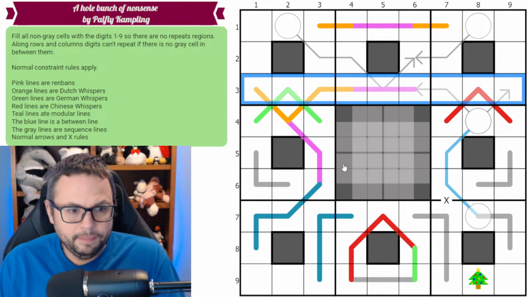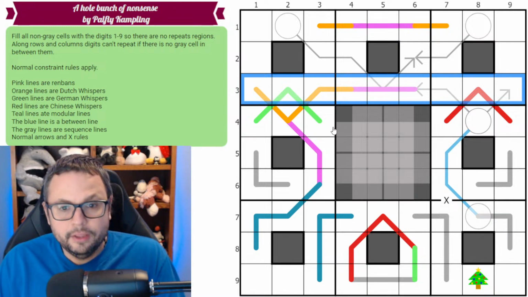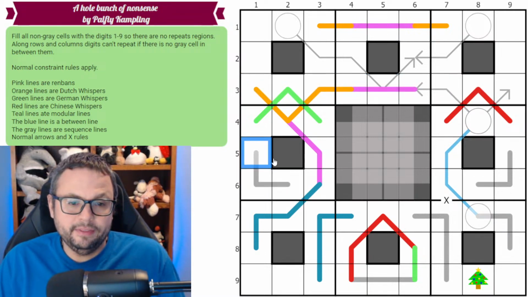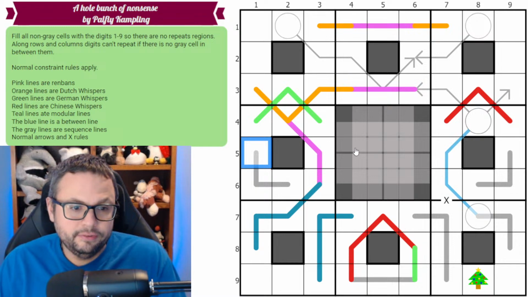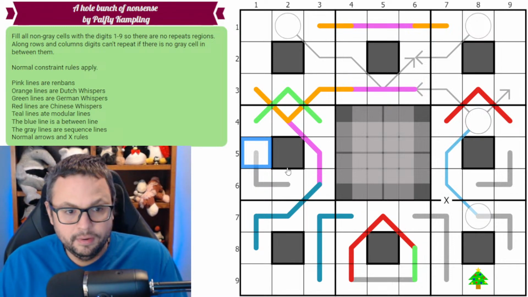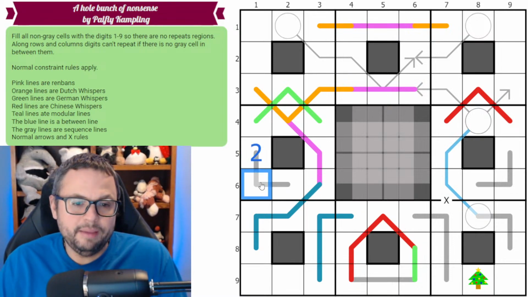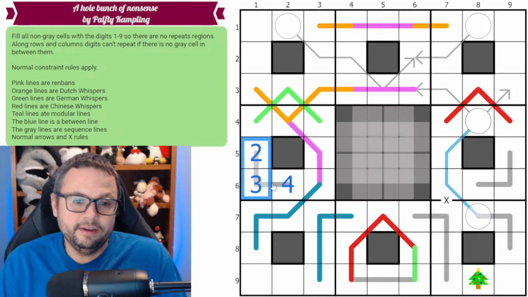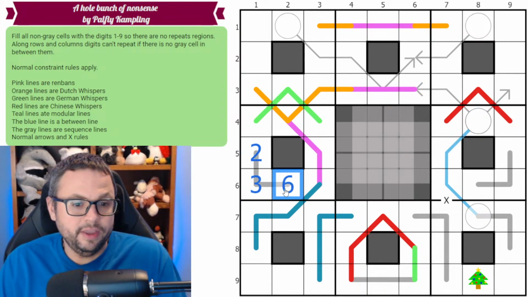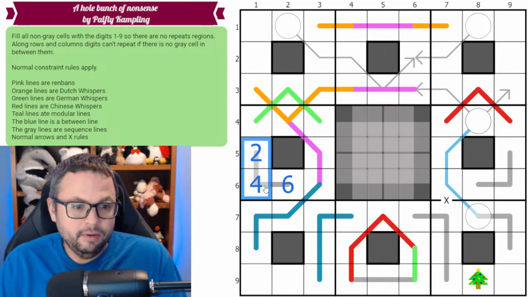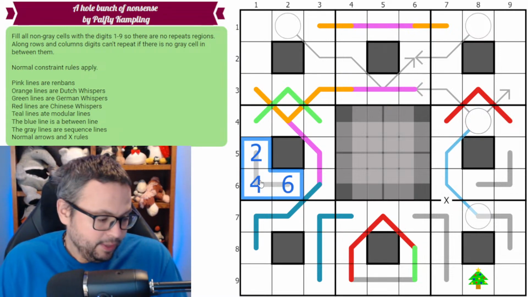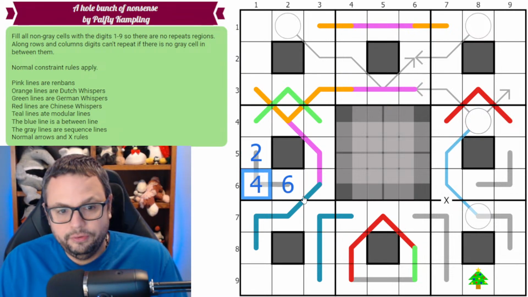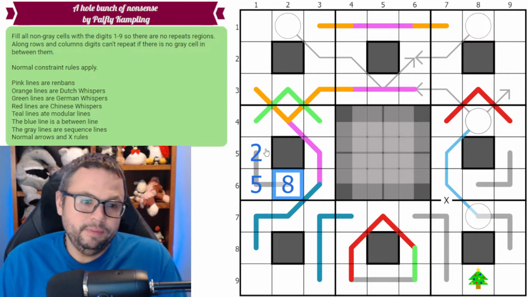So the sequence line means that these things go in some order, and have the same difference between them. So it could be 2, 3, 4, which would be a difference of 1, or it could be 2, 4, 6, which would be a difference of 2, or 2, 5, 8, which would be a difference of 3.